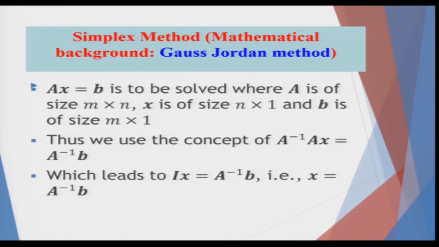At the end of the results, on the left hand side you have x only, pre-multiplied or post-multiplied by I, that is immaterial, I is 1 only, and the right hand side you have A inverse into B. So, hence the concept of row and column is maintained, and post multiplying or pre multiplying would give you the same answer. So, when the whole process is done, x is basically a vector.